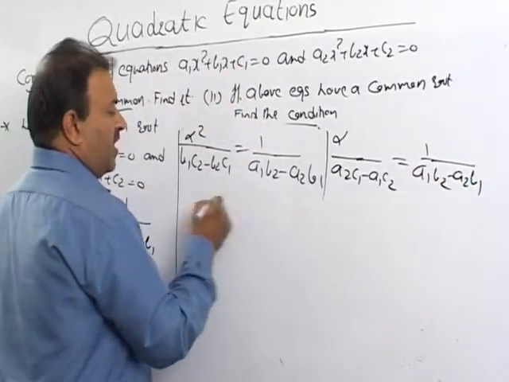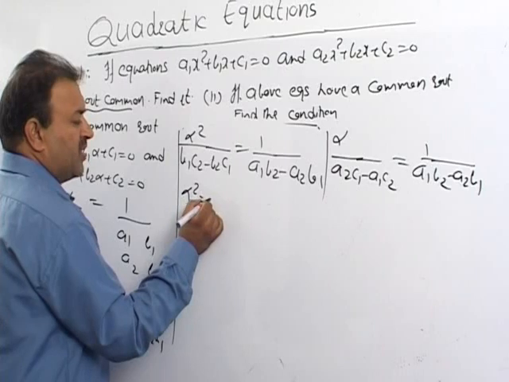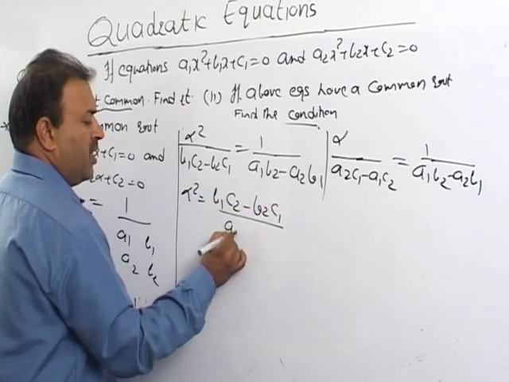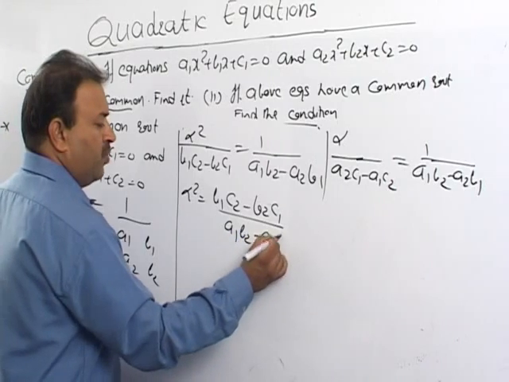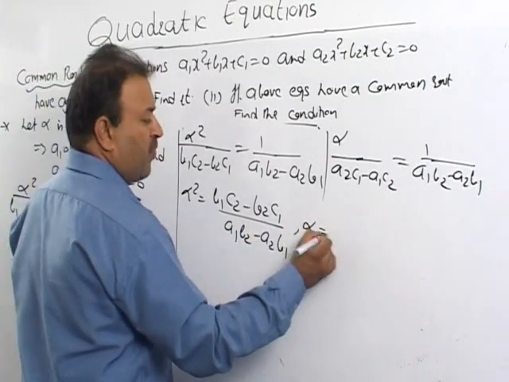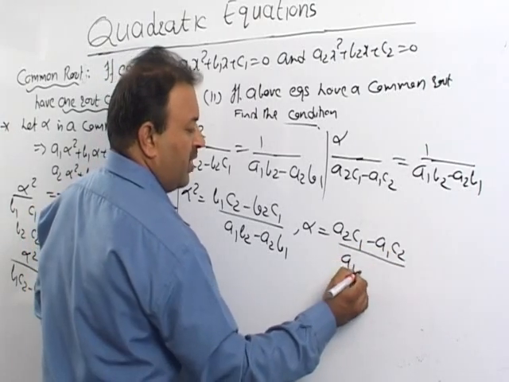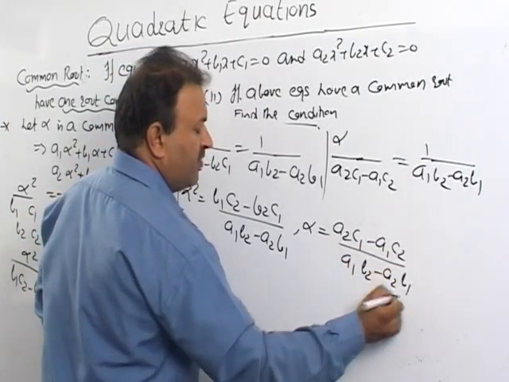We find alpha square from here, it is b1 c2 minus b2 c1 upon a1 b2 minus a2 b1. Here we get alpha as a2 c1 minus a1 c2 upon a1 b2 minus a2 b1.